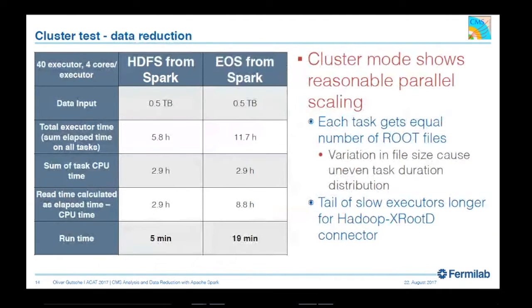If you then go to parallelism, in this case we have 40 executors, 4 cores per executor, so you go to 160 cores. You see that the runtime for the same half terabyte goes to 5 minutes from HDFS and 19 minutes from EOS input. There are many different input parameters that can be changed, network load, load on the cluster, all that.